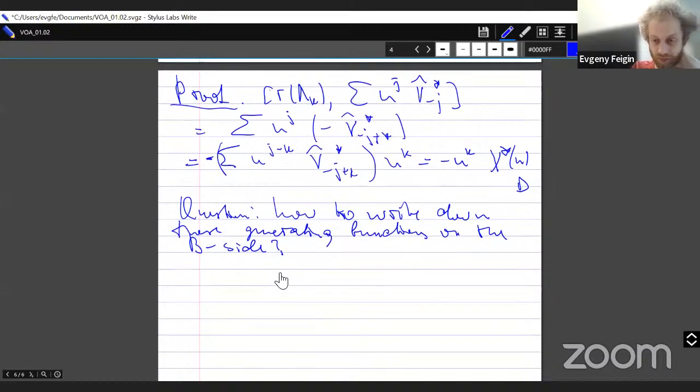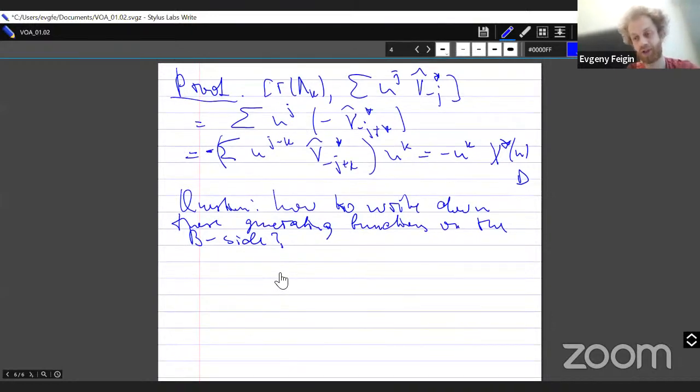Good. So now how to answer this question? So again, one more piece of notation. So gamma notation.